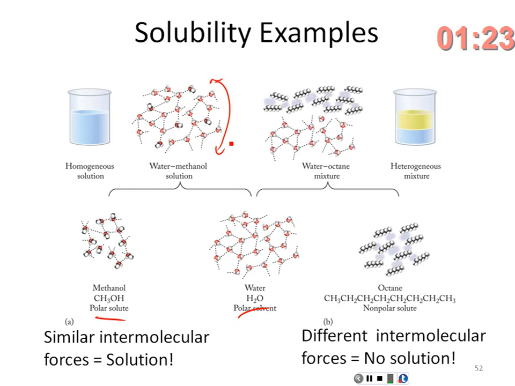Now if we look at an example of two things that are not similar, that would be water and octane. Water's polar, octane is nonpolar, and they can't form any interactions with one another. And they do not mix. There's no solution that's formed.